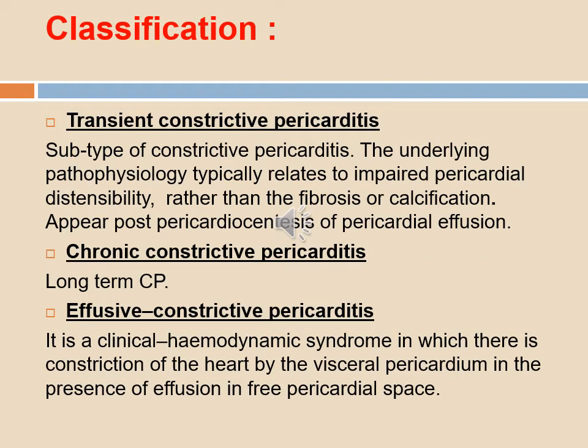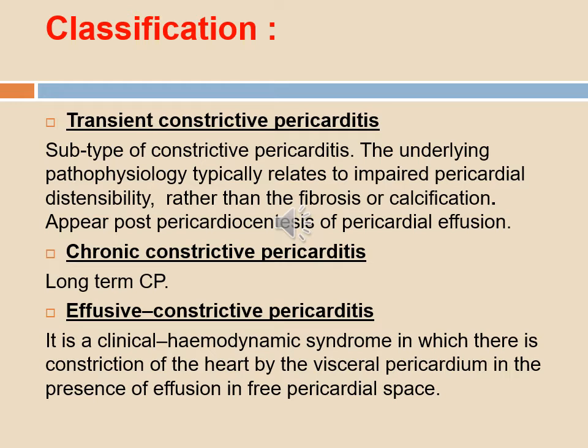If we want to classify constrictive pericarditis, we could say a transient constrictive pericarditis, a chronic constrictive pericarditis, and effusoconstrictive pericarditis. Regarding the first type, the transient constrictive pericarditis, it's a subtype of constrictive pericarditis. The underlying pathophysiology usually relates to impaired pericardial distensibility rather than the fibrosis and the calcification process.